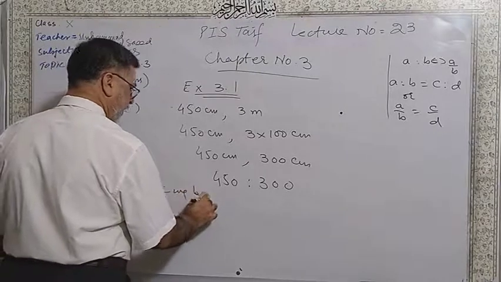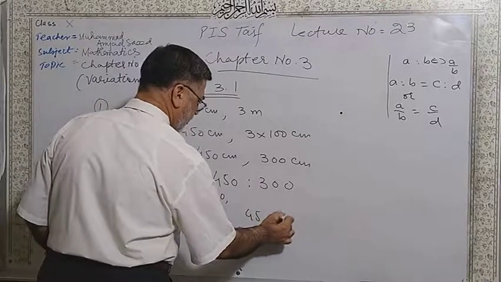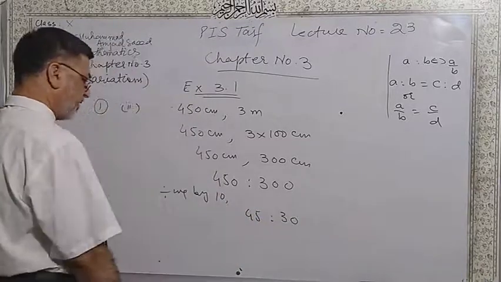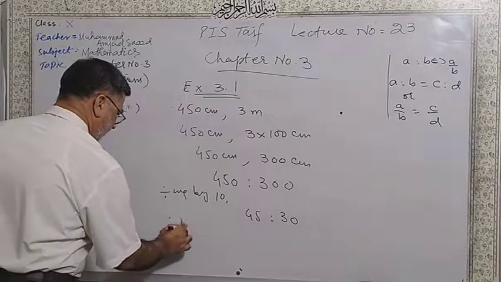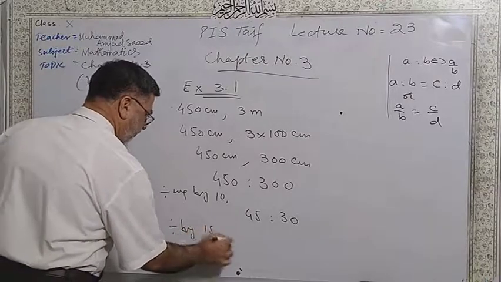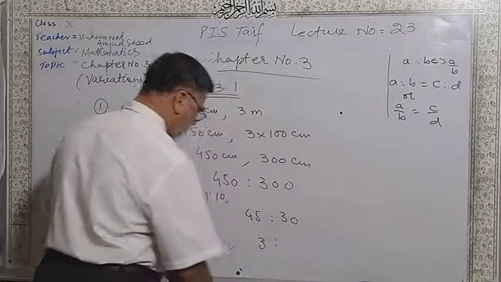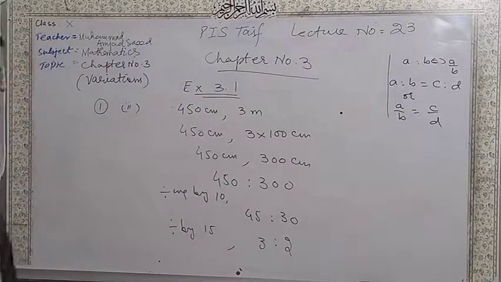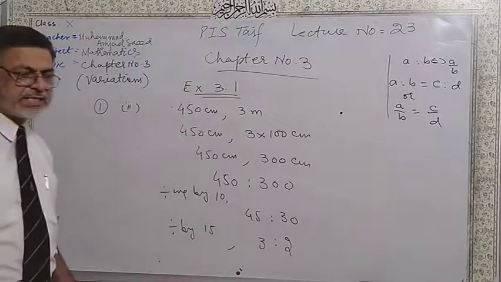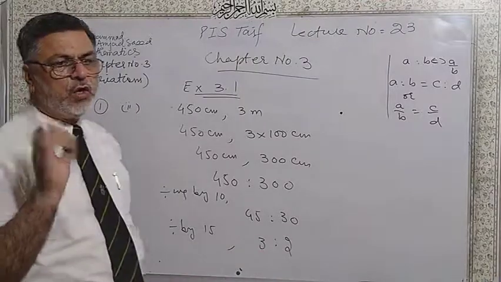Dividing by 10, 45 ratio 30. Then dividing by 15: 15 threes are 45 and 15 twos are 30. So this is the smallest ratio, the lowest form.